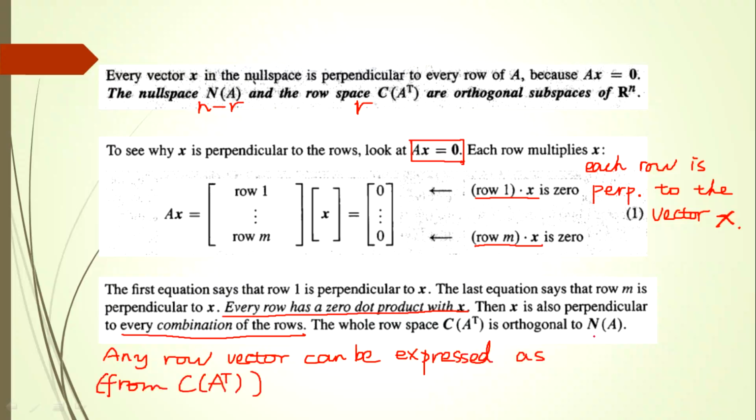Any row vector can be expressed as a linear combination: c1 times row 1 plus c2 times row 2 plus cm times row m.